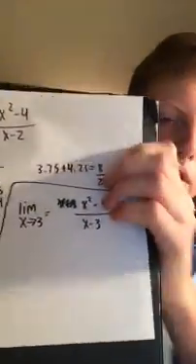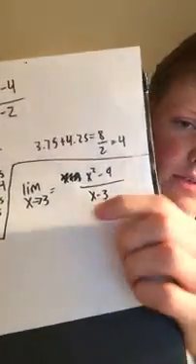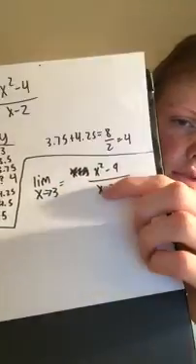So the limit as x approaches 3 of x squared minus 9 over x minus 3. This is one of the most simple ways to find the limit, because all you do is plug the 3 in for x. So that is what we are going to do.